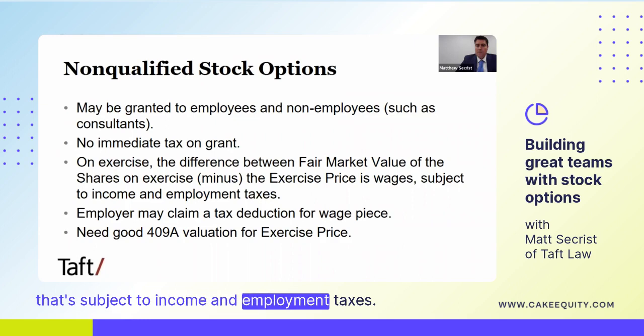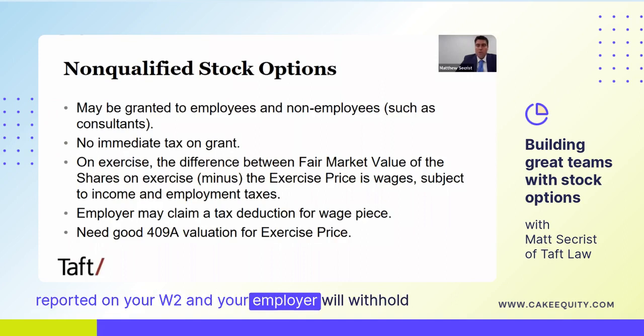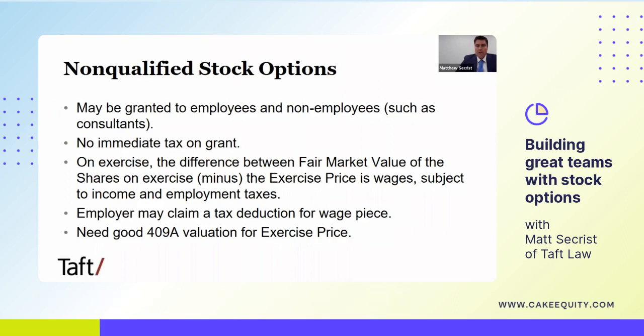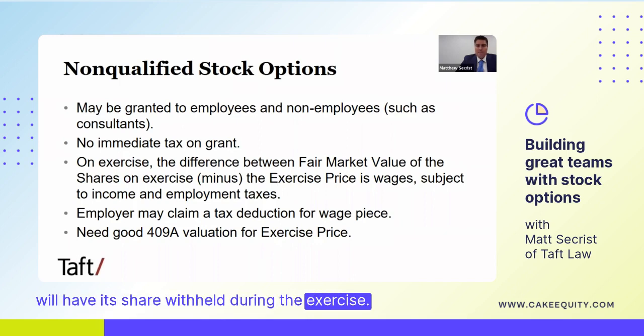That's subject to income and employment taxes. From an employee perspective, that's wages that's reported on your W-2, and your employer will withhold on it and pay the Social Security and Medicare taxes.